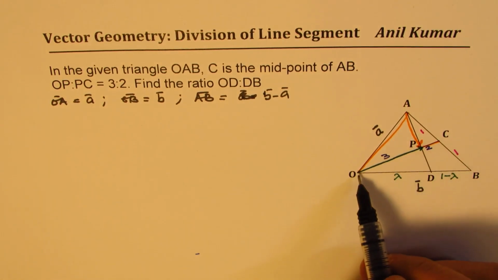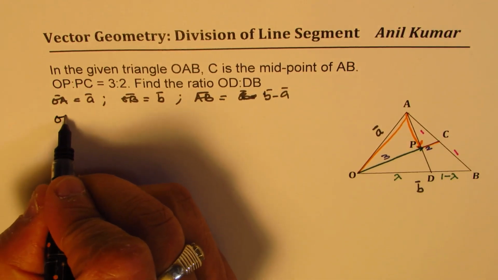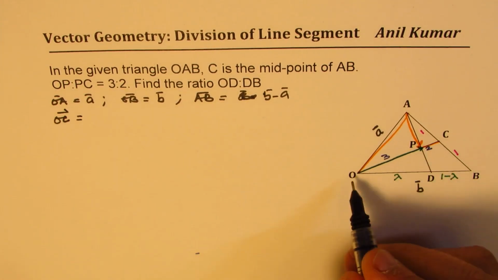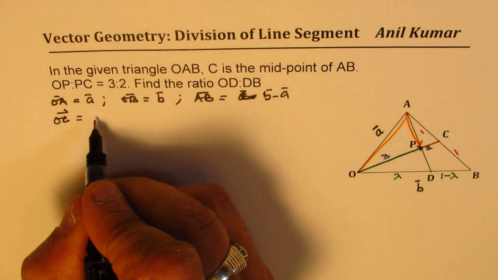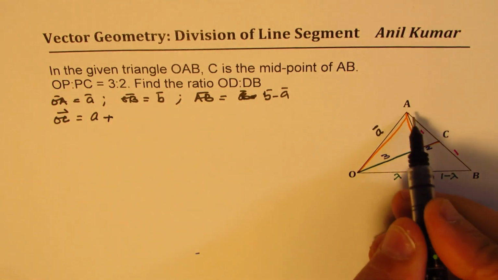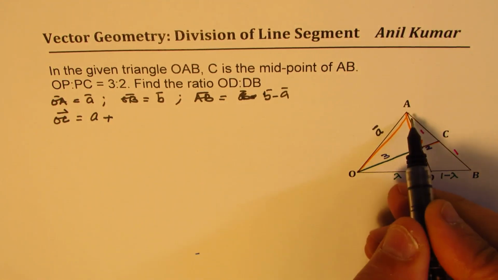Now we want to find what OC is. So what is OC equal to? OC will be OA, which is A, plus, now this is half, right? Half of AB.